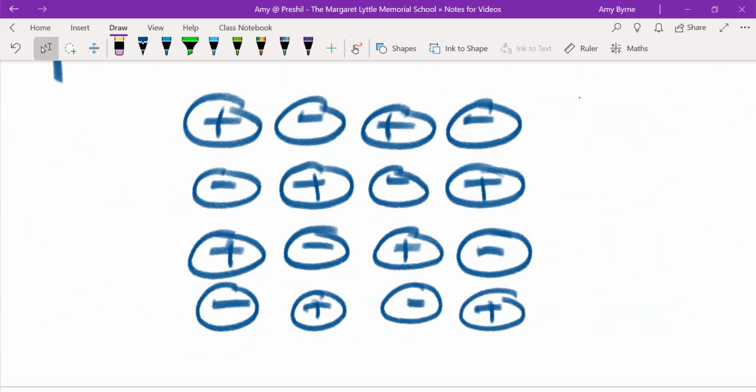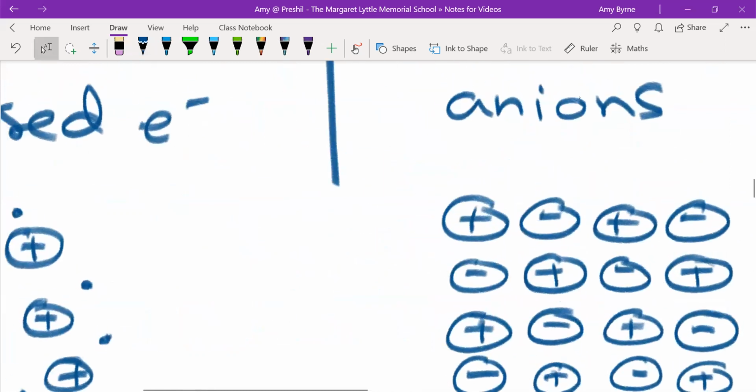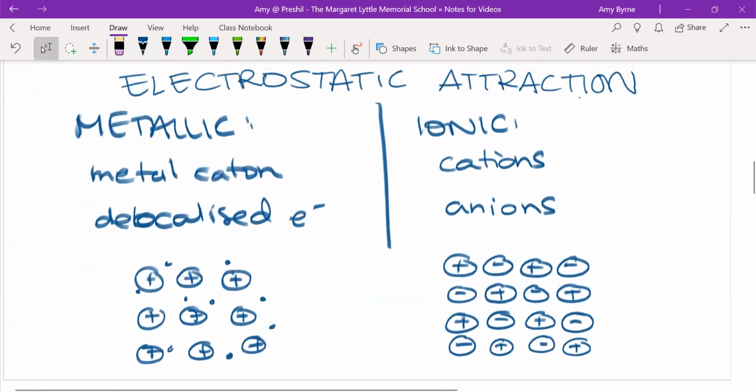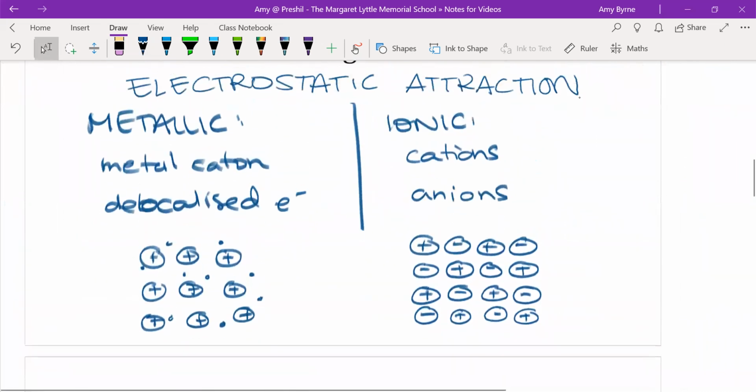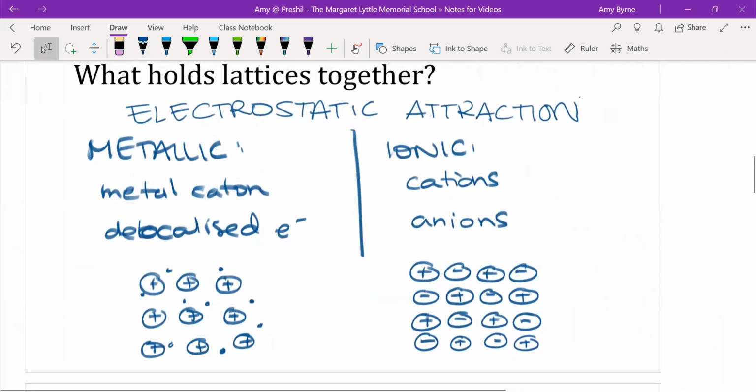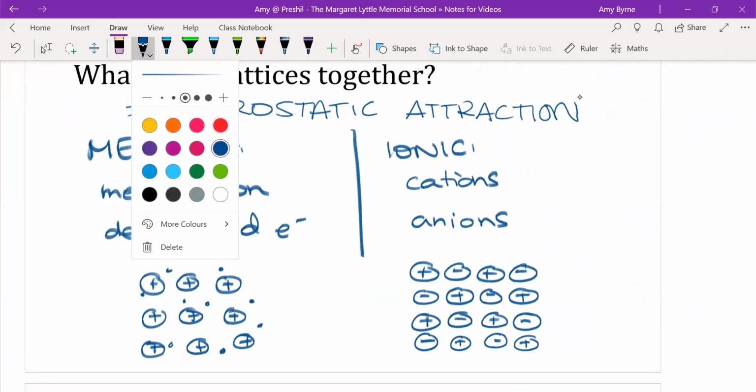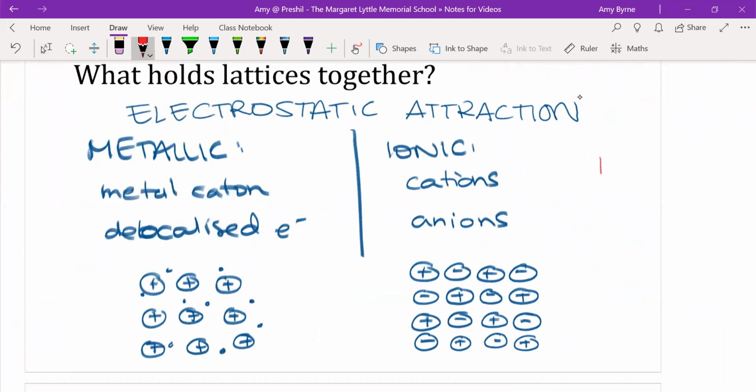And here it's the attraction between my positively charged cations and my negatively charged anions. Now, these are both fairly strong attractions, but in general, and this can come up in questions in topic 9, which is redox, an ionic melting point is much greater than a metallic.